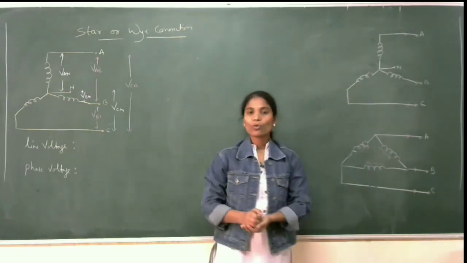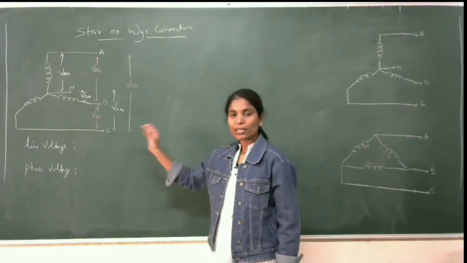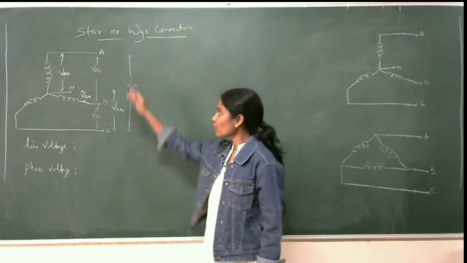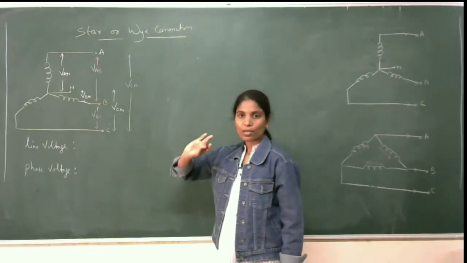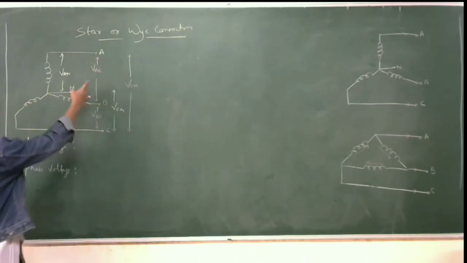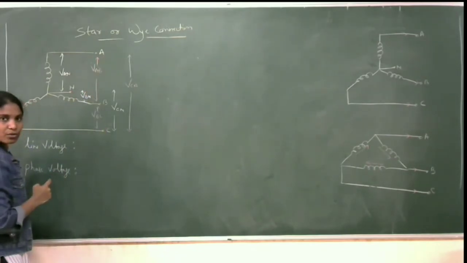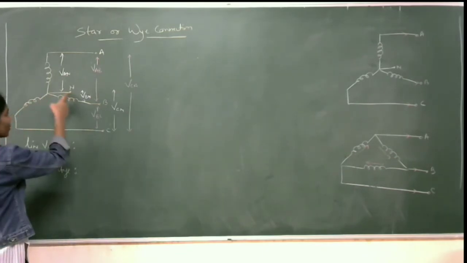Now we are going to derive the line and phase quantity relations for the star connection. Let's see in the nomenclature which are the phase quantities and which are the line quantities. These are my windings with terminals A, B, and C, and this is my neutral connection.